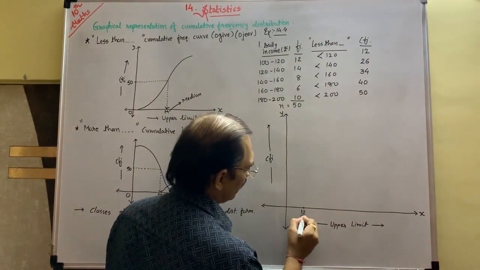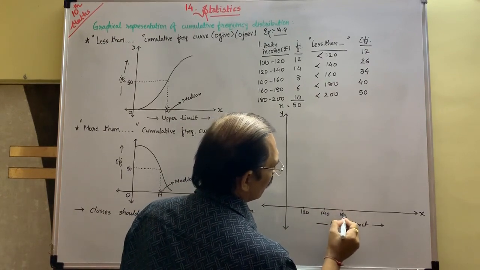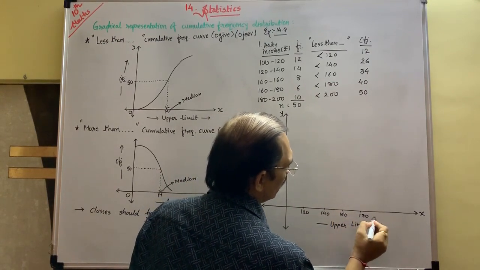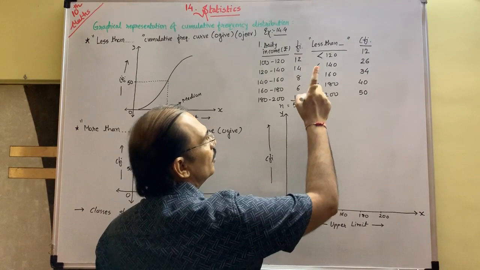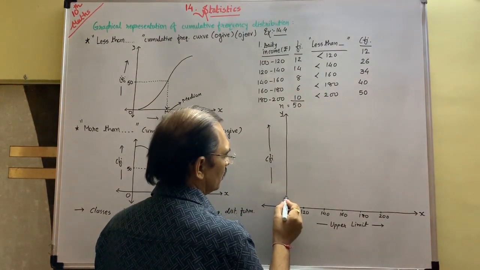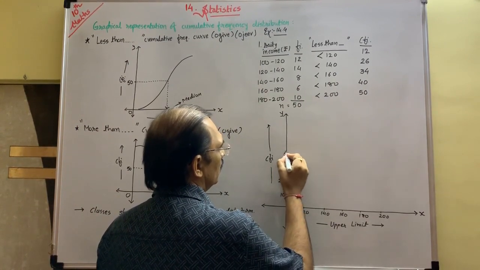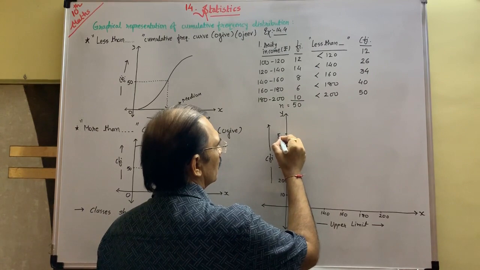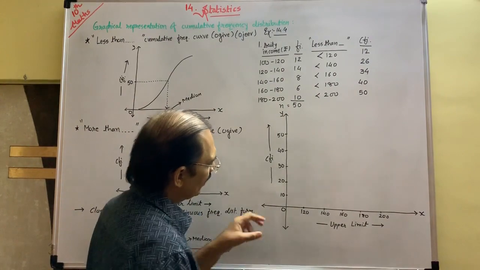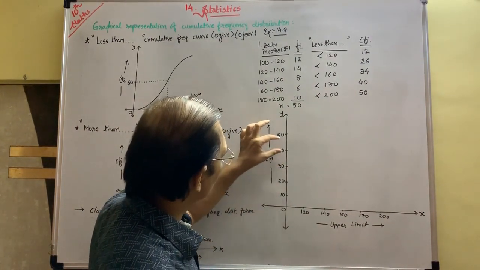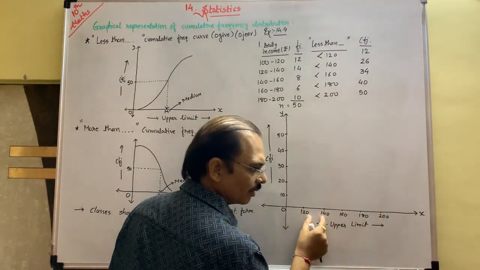So I write here 120 at 1 centimeter distance, 140, 160, 180, 200. Cumulative frequency goes up to 50, so I should take 10, 20, 30, 40, 50. Here it is 0, then the gap is of 10, again 10, again 10, and so on. On the x-axis the gap is of 20 but here on the y-axis it is 10.